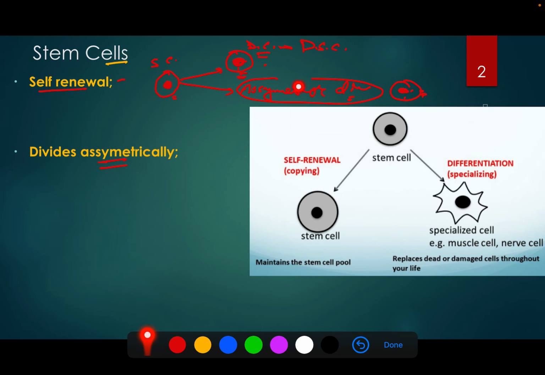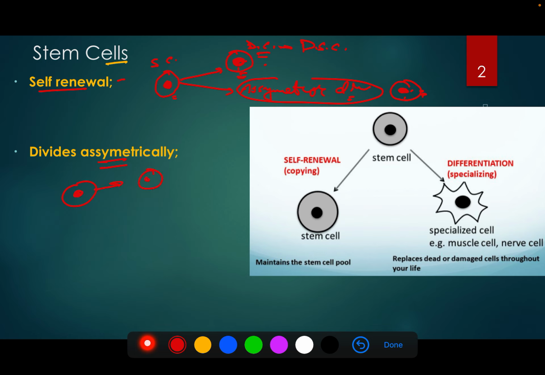And the other cell, which proliferates into the distinct cells that are needed, contains more cytoplasm, and this is what we call asymmetric division. So what we said over here is that the stem cell has two properties.